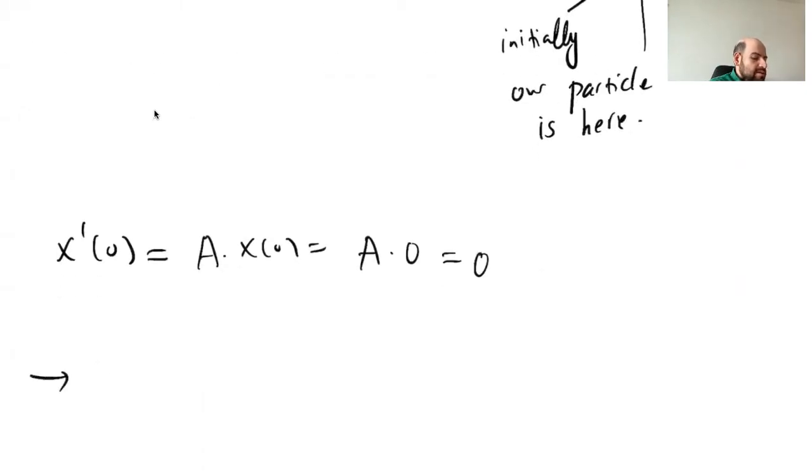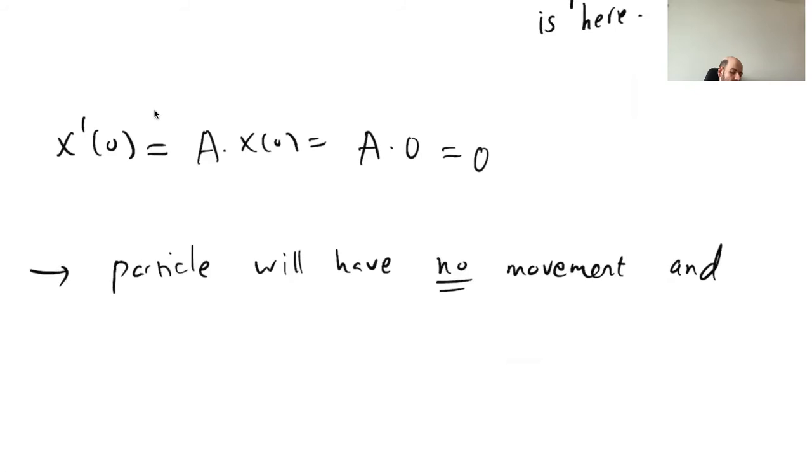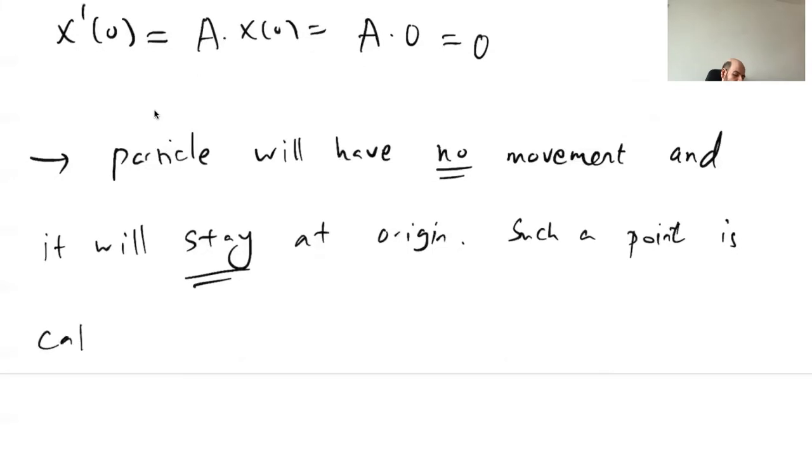So the particle will have no movement and it will stay at origin. Such a point is called the equilibrium point because it remains there.